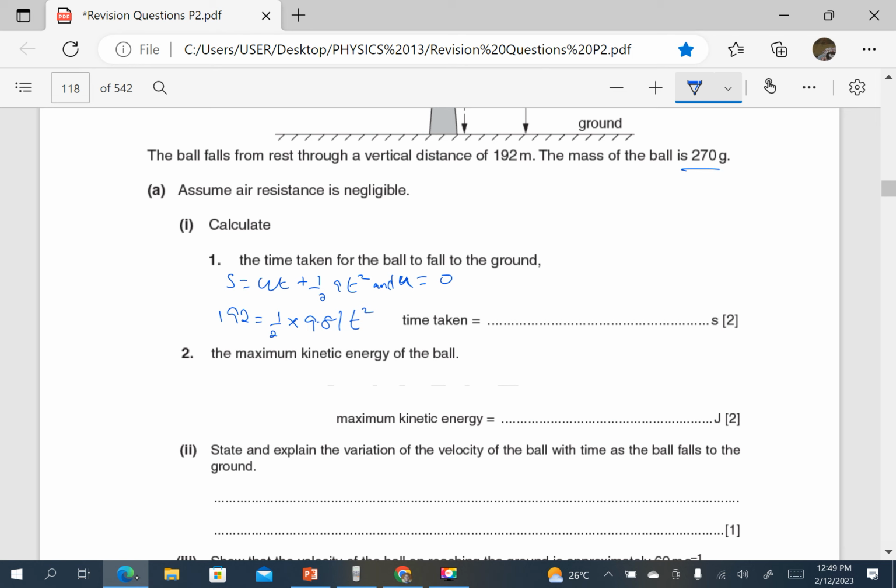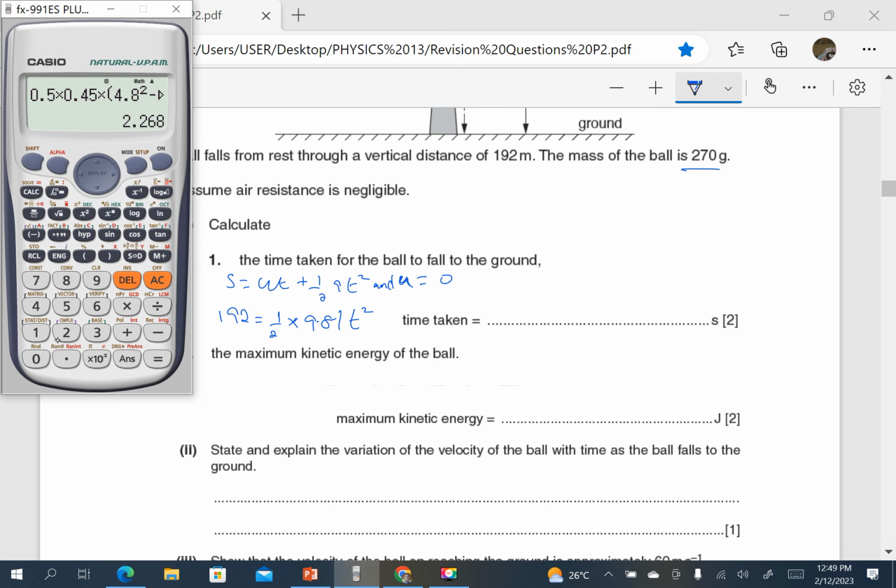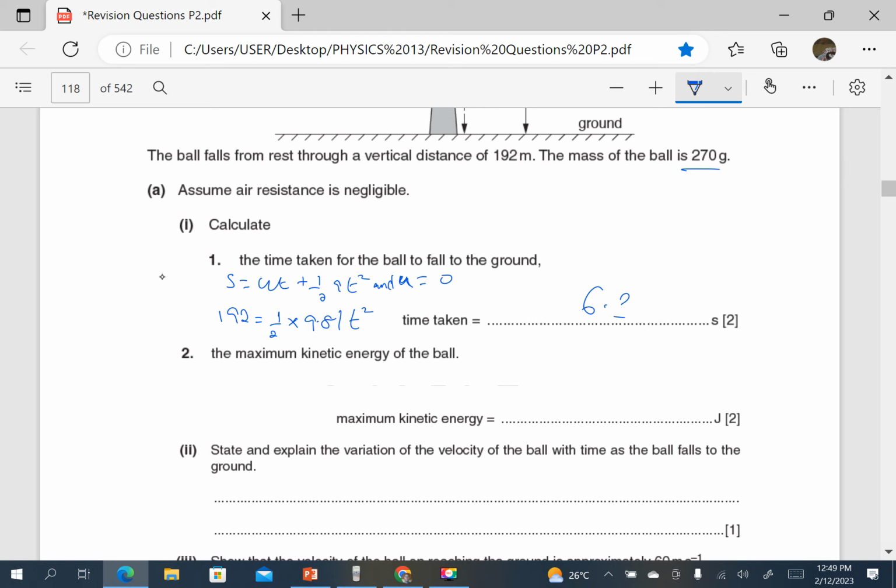So t will be the square root of 192 times 2 divided by 9.81, which is 6.256, or 6.3 seconds.